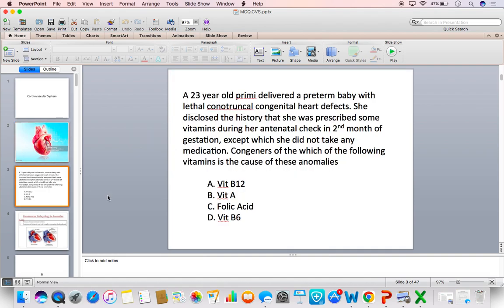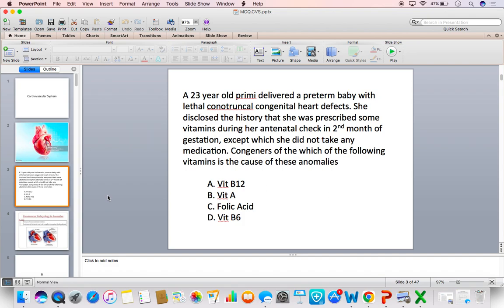Question number 1. A 23-year-old primigravida delivered a preterm baby with lethal conotruncal congenital heart defects. She discloses the history that she was prescribed some vitamins during her antenatal checkup in the second month of gestation, except which she did not take any medication.